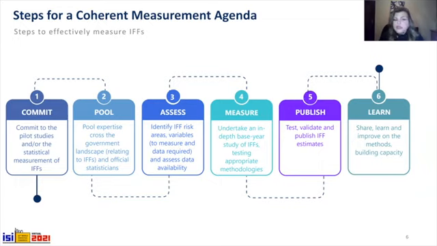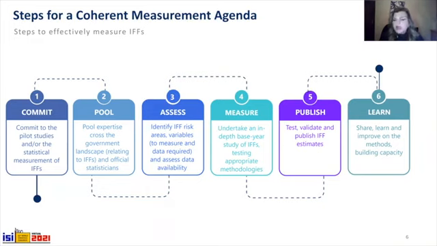The third step is then to actually assess the types of IFFs that are pervasive in that country, and in that instance identify which variables are relevant and what data is required to actually measure those particular variables, and then finally assess if the data is in fact available.